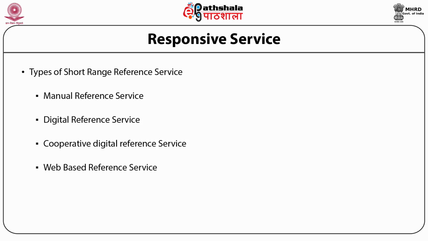In cooperative digital reference service, two or more libraries collaborate to provide the service. A number of web-based reference services are available on the web either free of charge or on a small fee basis.